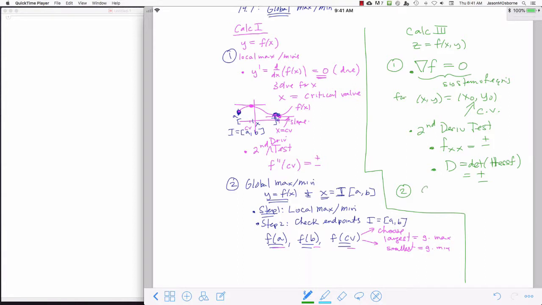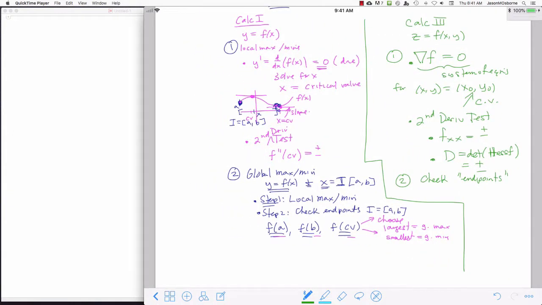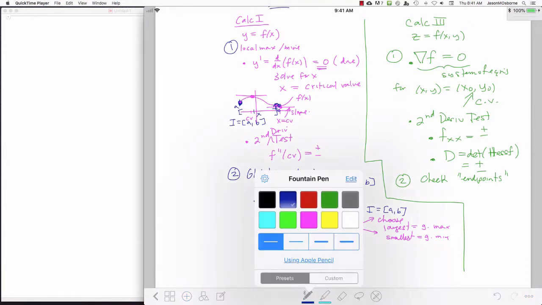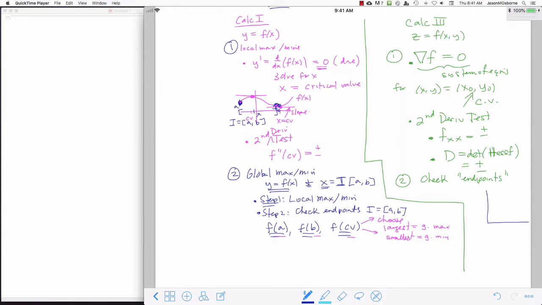Then you need to check the equivalent of the endpoints. Okay? And the endpoints probably would be best if we do a sketch here to show what's going on. Okay? What you're being asked to do here is, if you have a function of x and y and z, so maybe you have some function z is equal to f of x and y. Okay?